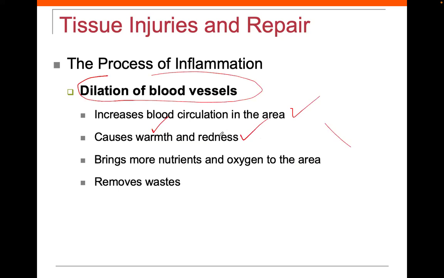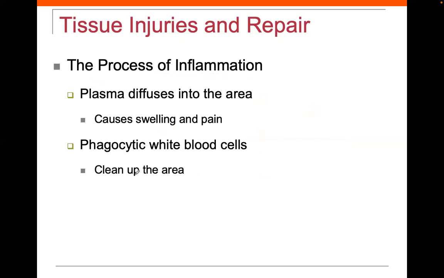The red blood cells, because of the hemoglobin, carry oxygen and nutrients, and then through the blood, you're going to be able to remove waste through the macrophages. Plasma can diffuse into the area, causing swelling and pain.